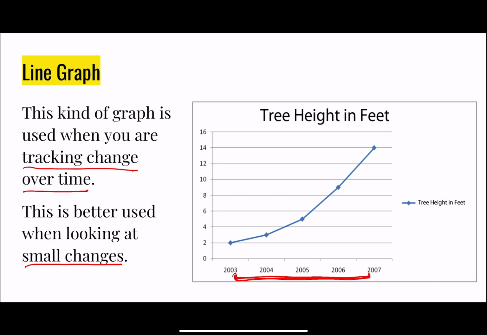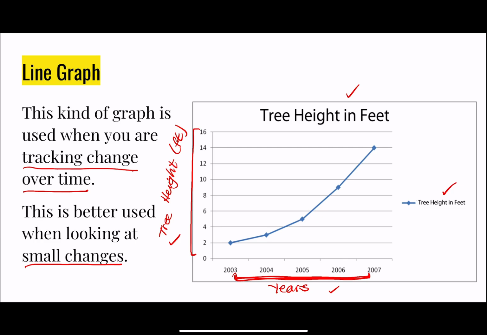But we can extrapolate or assume that this probably looks like it's years, right? And then this one, it's tree height in feet. So whenever you make a graph, make sure that you label it, make sure you have a title, make sure you have a legend, and make sure you have your axis labels, right?